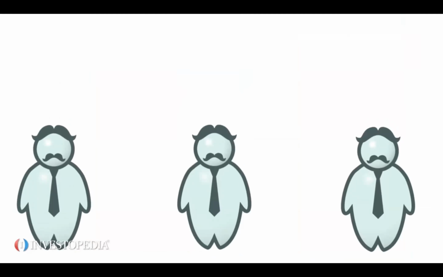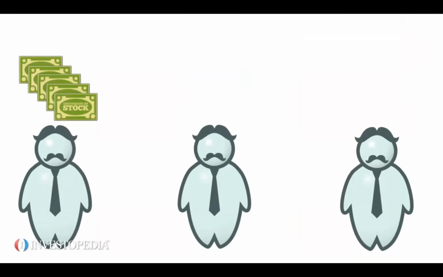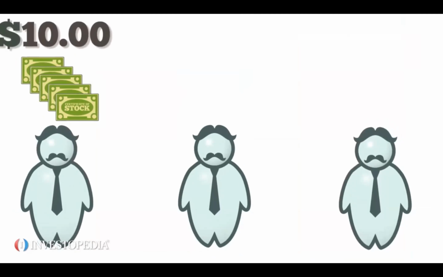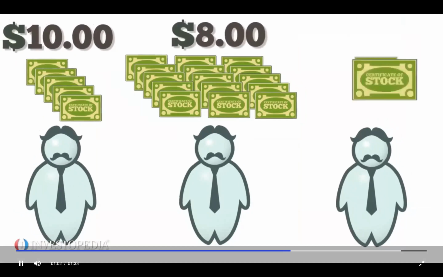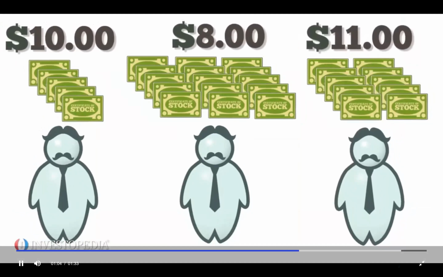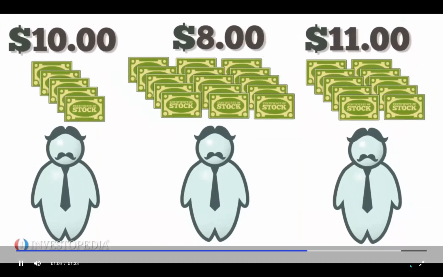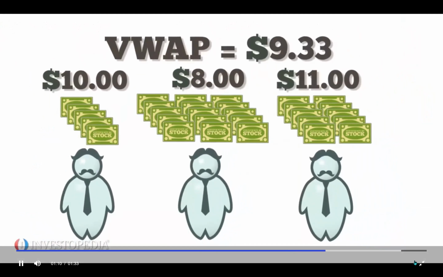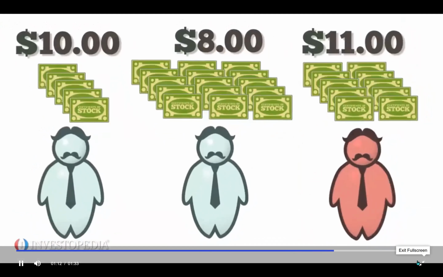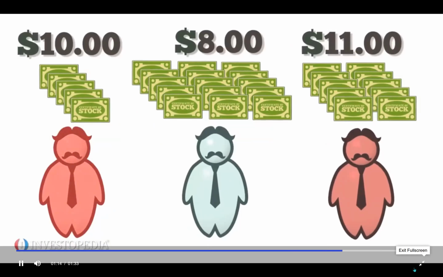For example, 3 buys for a particular stock occur over an hour. One was for 100 shares at $10 per share, one was 300 shares at $8, and a third was 200 shares at $11. The VWAP for that stock over the hour is $9.33. The trader who paid $11 per share and the trader who paid $10 are disappointed.